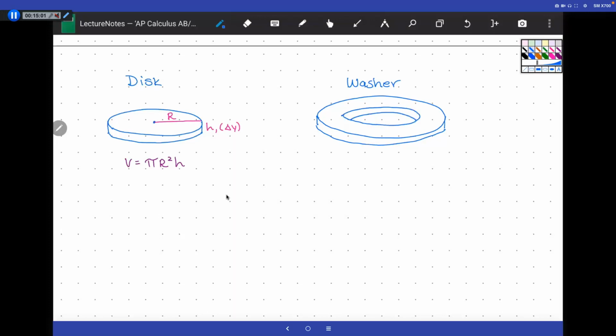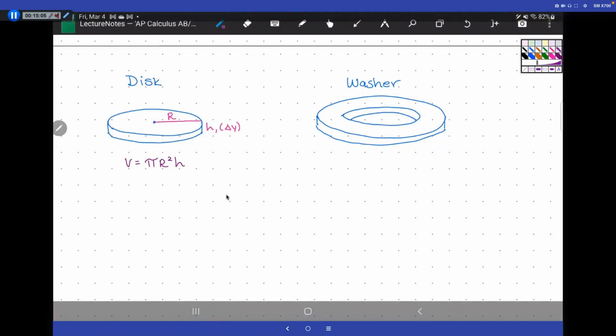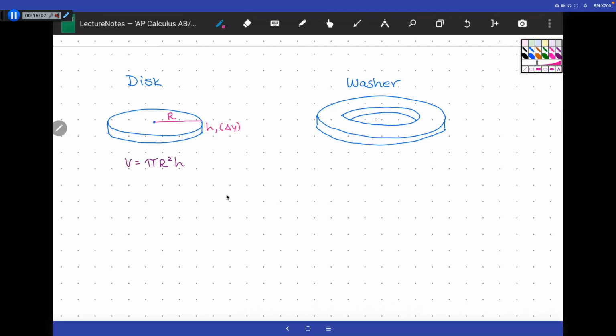And there's our washer. So I still have a big radius. It didn't show up so well, but the pink is a capital R, which we'll call the outer radius. But then we have the radius of the hole.